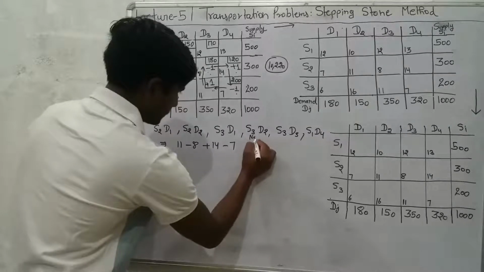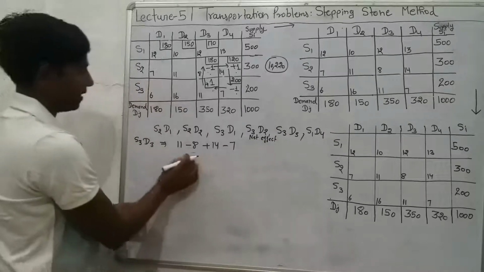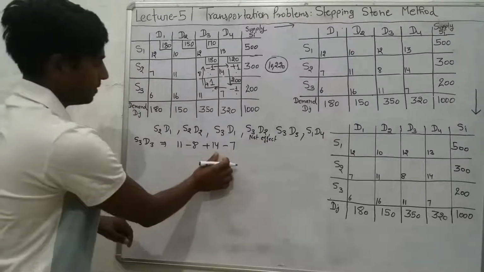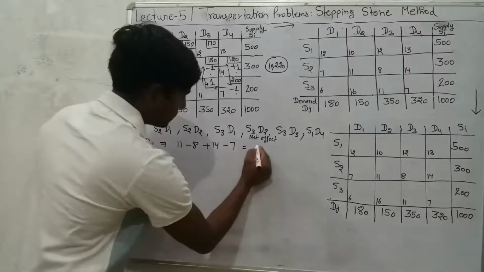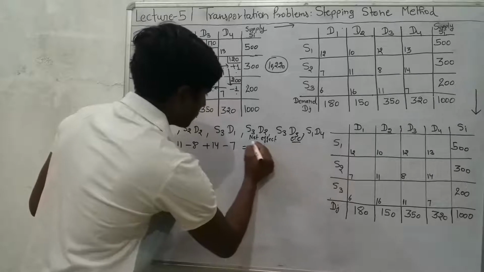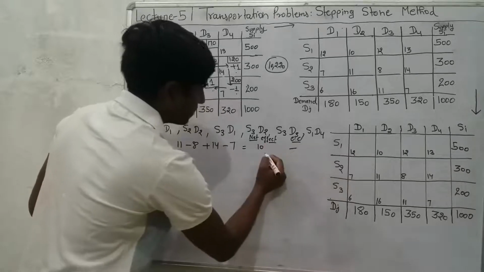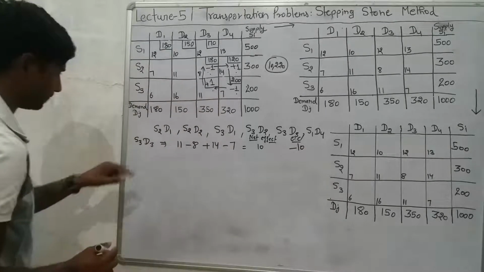The net effect was 11 minus 8, 3, 3 plus 14, 17, 17 minus 7 is equal to 10, and the opportunity cost was just changing the sign of this value: minus 10.